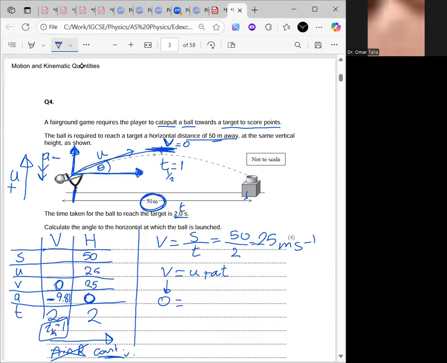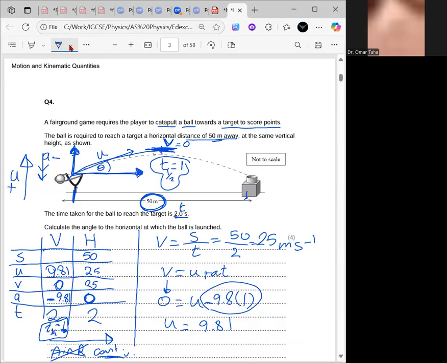The U is the thing that we want to get, and minus 9.81 times the time to reach the maximum height, which is 1. So you're going to get this 9.81 to the other side. The minus is going to be positive on the other side, so U equals 9.81. 9.81 is the initial velocity.